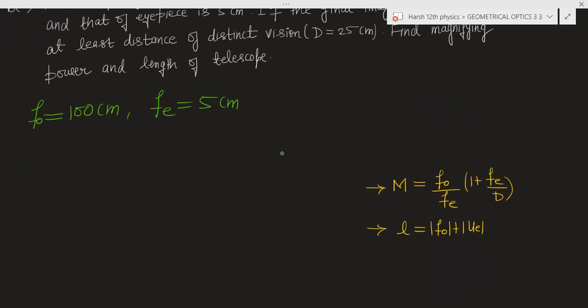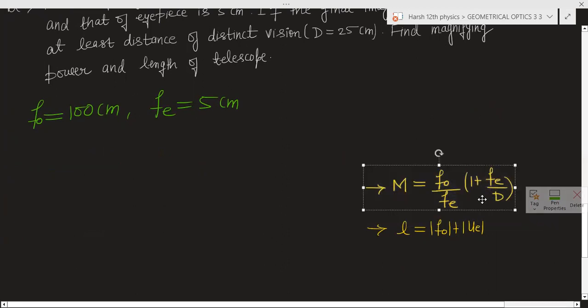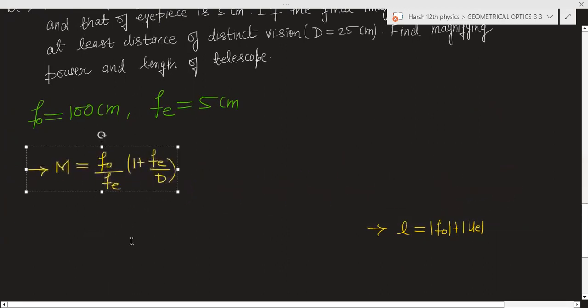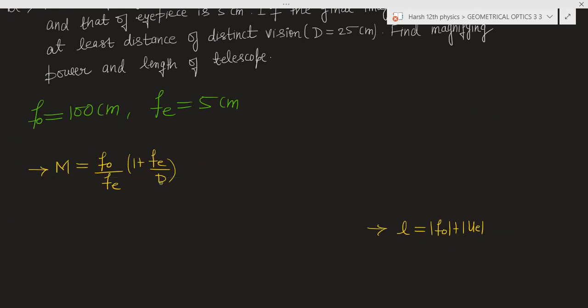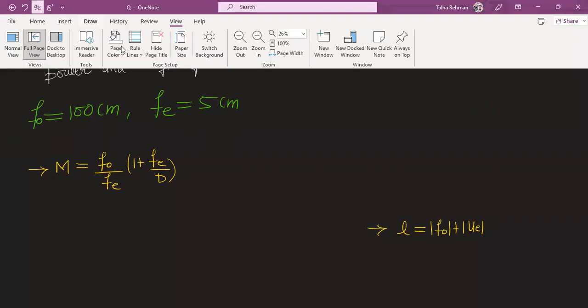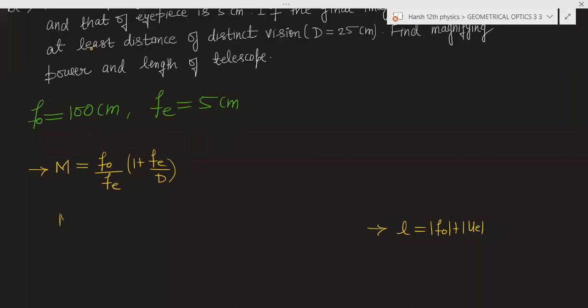The formula for the magnifying power is M is equal to FO by FE times 1 plus FE by D. We have all the values. So M is equal to focal length of the objective lens 100 by focal length of the eyepiece lens 5, times 1 plus focal length of the eyepiece lens 5 by D, and D is 25 centimeter.